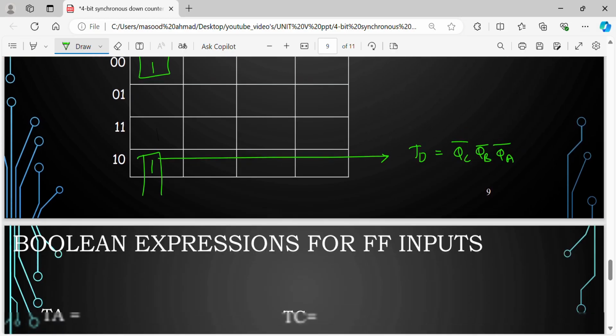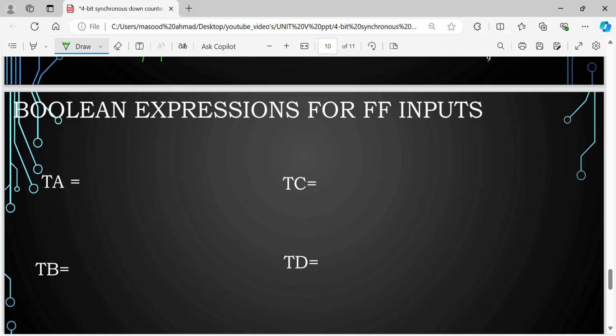Okay. Once you have the expressions, we will collect all the expressions in one place. TB is QA bar, TC is QB bar and QA bar, and TD is QC bar, QB bar, and QA bar. This is for the 4-bit down counter. If you make it a 5-bit down counter, we are going to get an extra TE.